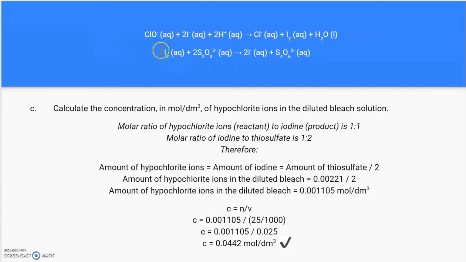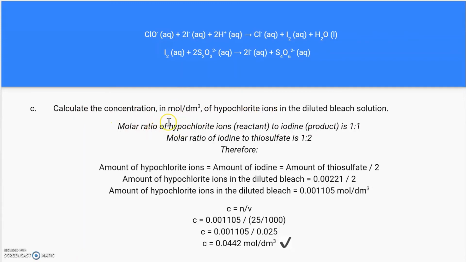And the second one is the titration of that iodine that's formed with the volumetric analysis reaction, which is given by the second equation reaction. So we're going to have to run analysis of molar ratios on both of the equation reactions, in order to be able to get that concentration of hypochlorite ions.